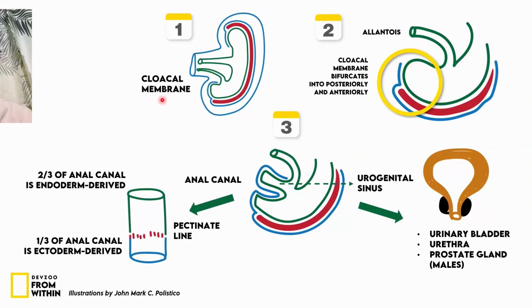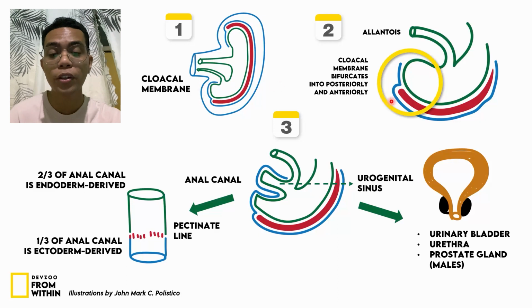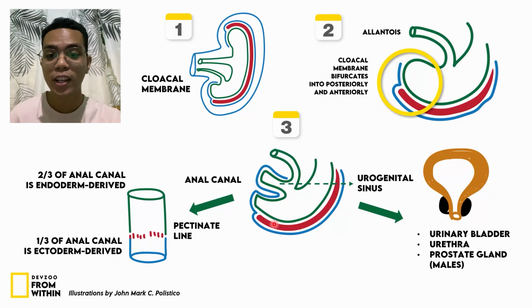The other membrane in which the ectoderm and endoderm fuse is the cloacal membrane here. This bifurcates posteriorly and anteriorly, giving rise to your urogenital sinus and anal canal. In the formation of the anal canal, the ectoderm moves into the endoderm, forming this separation line called the pectinate line, here in red.